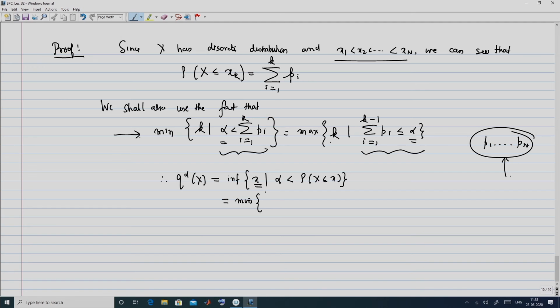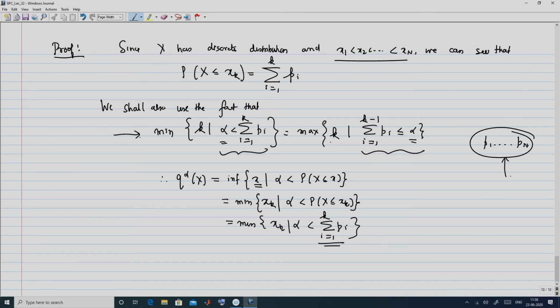So, what are these x values? These are xk. So, it is the smallest xk such that alpha is less than the probability of X less than or equal to little xk, and this is the minimum of xk such that alpha is less than summation pi, i equal to 1 to k.